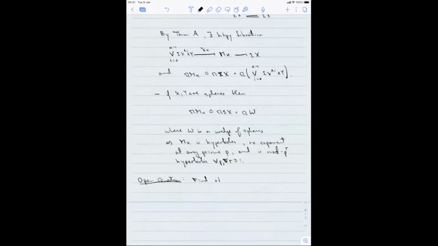So find other families of spaces satisfying Moore's conjecture and which are mod P to the R hyperbolic for all primes and R bigger than or equal to 1.